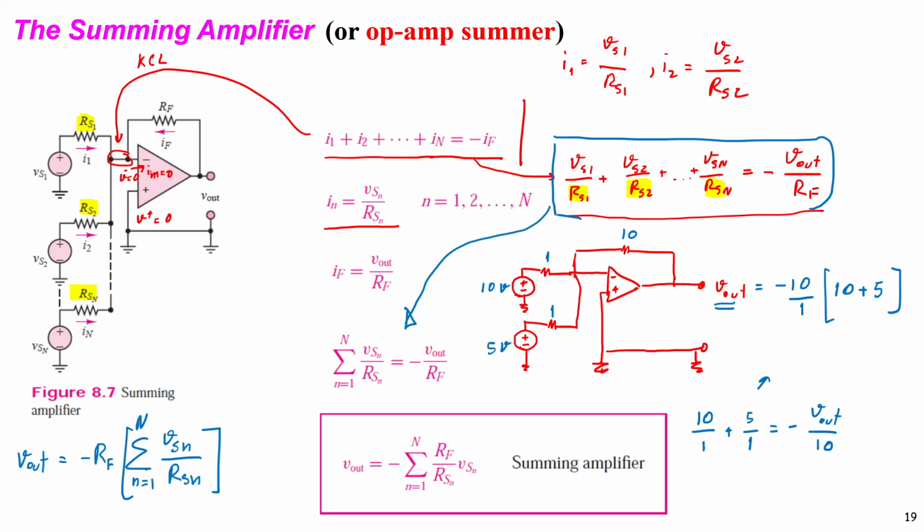If we use different resistances, we give different weights to our input voltages, so it sums with different weights. So we can design the circuit to get the proper V out corresponding to many input signals. No question? Okay.